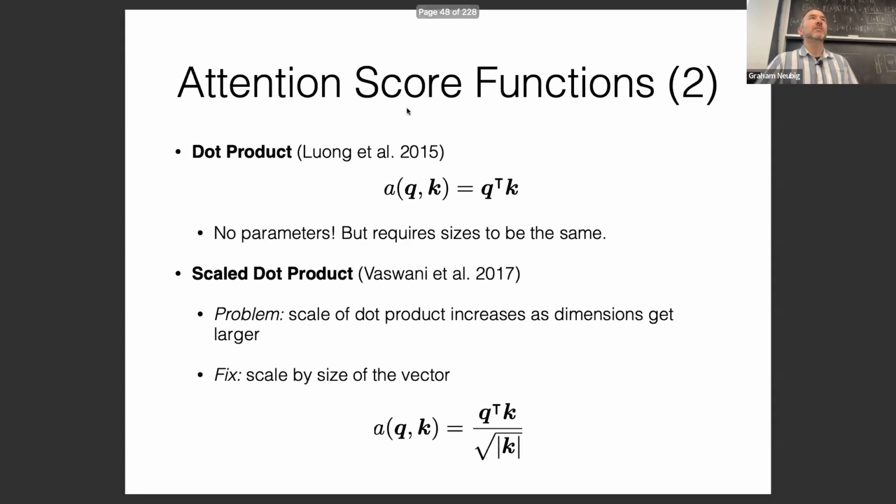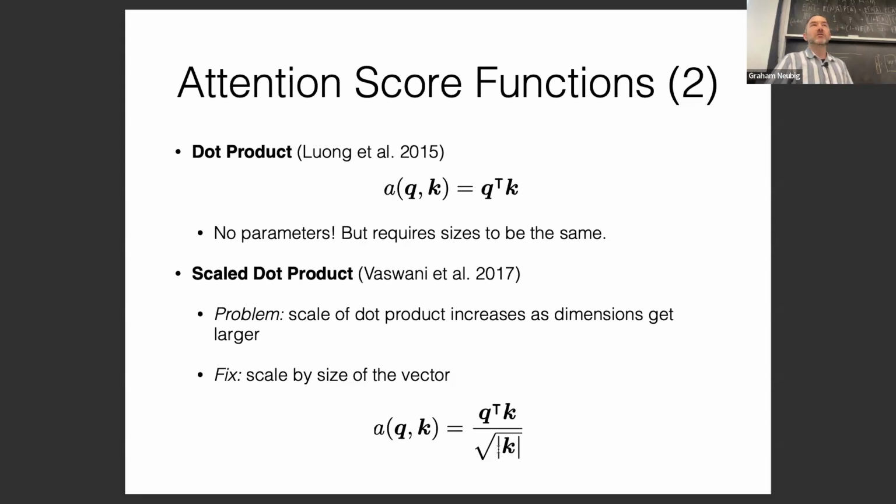Another thing, I mentioned the scaled dot product, but I should probably just call it scaling. Another addition you can add on top of these attention functions is scaling. The way we normally scale is by taking the square root of the size of the key vector or the query vector. It could be either one, because usually the query vector and the key vector are the same size, so it doesn't matter which one you take.